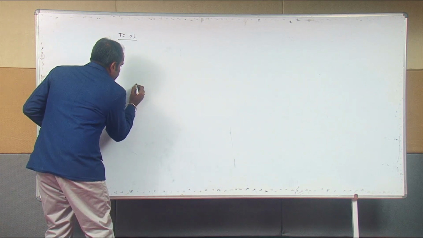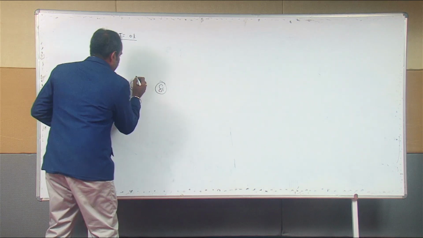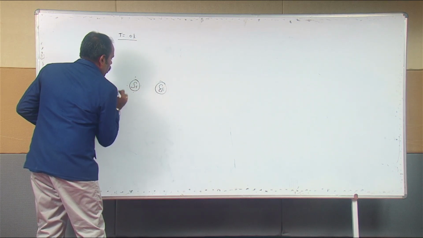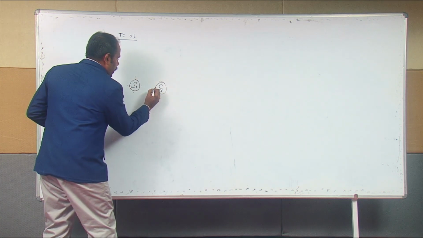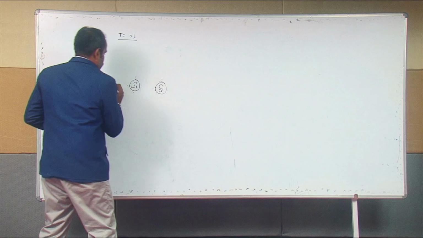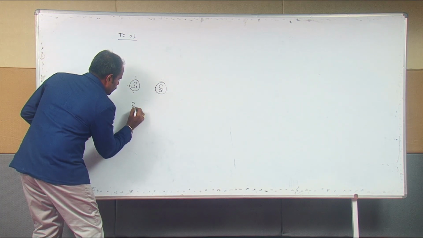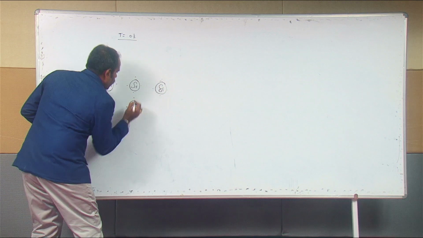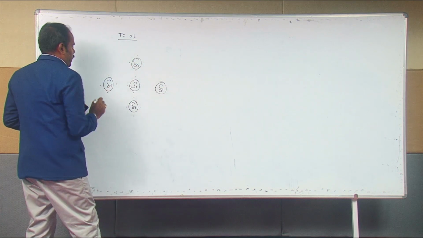Let me represent that network of silicon atoms in this fashion, where we represent the 4 valence electrons belonging to each and every silicon atom by these 4 dots. All these 4 dots represent the valence electrons possessed by each silicon atom.